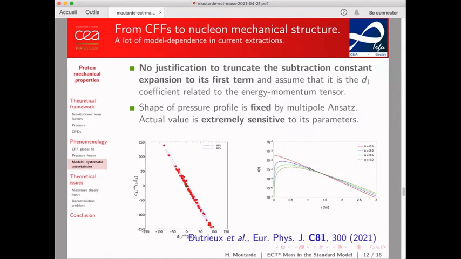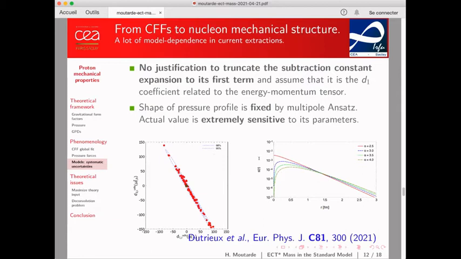Now let me just make some more quantitative comments on the uncertainties and systematic approximations that I made so far. Unfortunately, there's a lot of model dependence in the current extraction. First one, from my point of view, is that there's absolutely no justification for the truncation of the subtraction constant to the first term, which means assuming that the subtraction constant is D1.